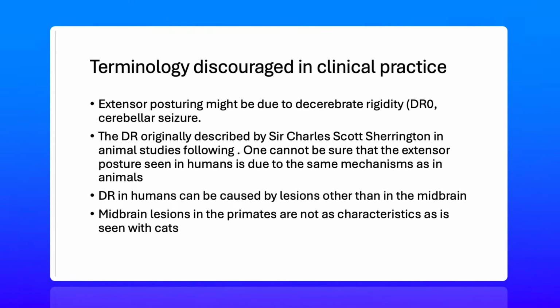The decerebrate rigidity was originally described by Sir Charles Scott Sherrington in animal studies. Therefore, one cannot be sure that the extension process seen in humans is also due to the same mechanism that was found in animals.